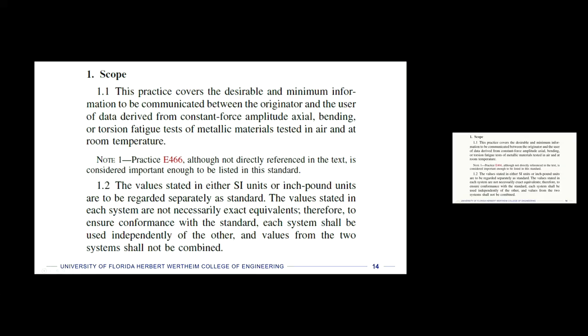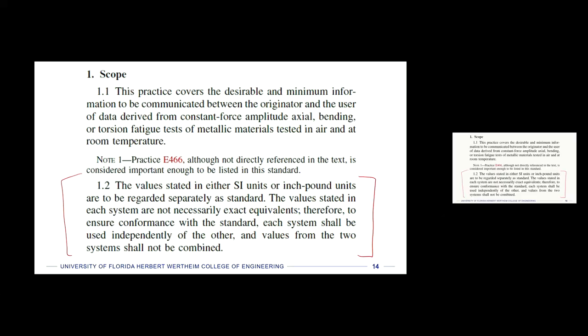And this I thought was very funny. We sort of make jokes about this when we're studying engineering, but it says the values stated in either SI units or inch-pound units are to be regarded separately as standard. The values stated in each system are not necessarily exact equivalents. Therefore, to ensure conformance with the standard, each system shall be used independently of the other, and values from the two systems shall not be combined, right?